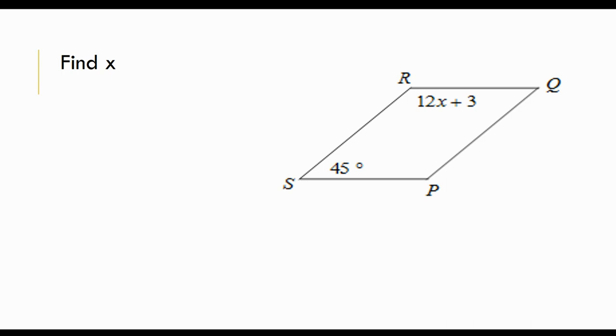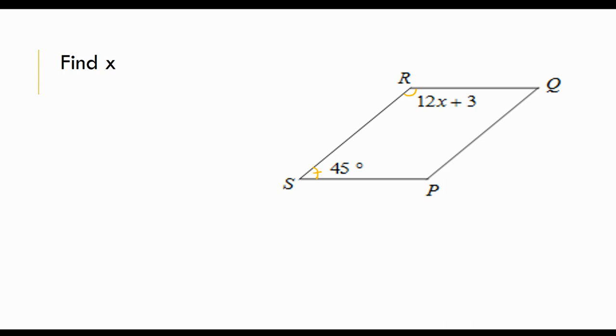Okay, so notice that we have this parallelogram RQPS, and I see that what we have marked in the picture are some angles. Notice that angle R is being represented as 12x plus 3. Angle S is being represented as 45. Notice that angle R and angle S are right next to each other. They are consecutive.